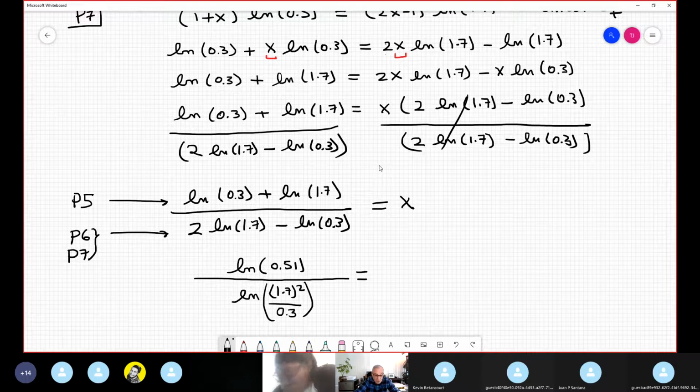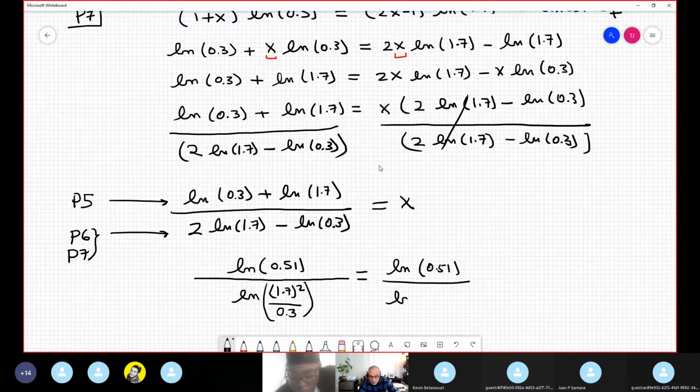Just in case, I put 1.7 squared, 1.7 to the power 2, divided by 0.3. Oh, the answer is, look, natural logarithm of 0.51 divided by natural logarithm of 9.63 repeated is the answer I get. Okay.